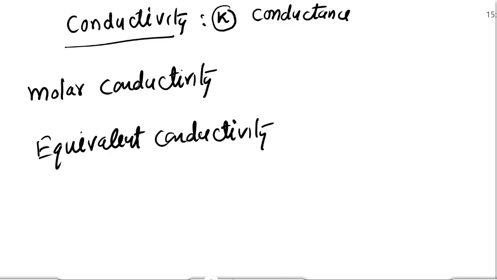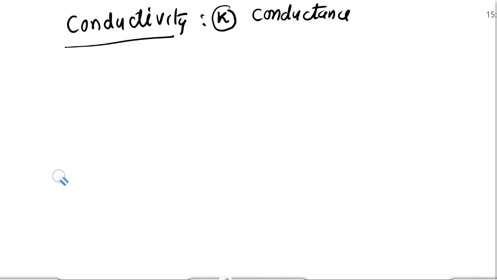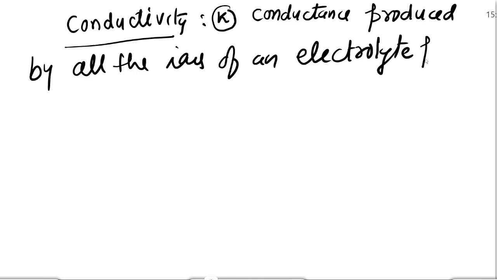It is conductance produced by all the ions of an electrolyte present in unit volume.